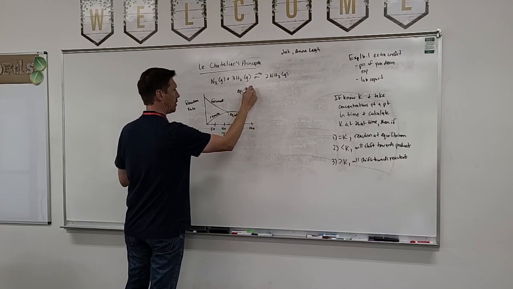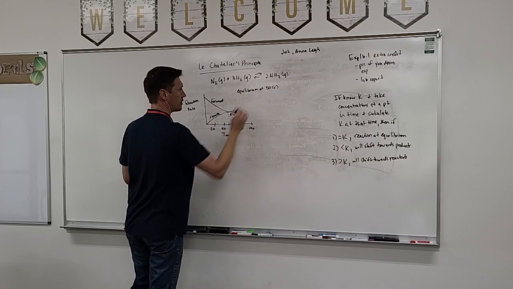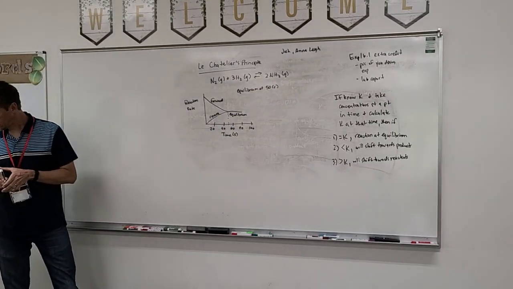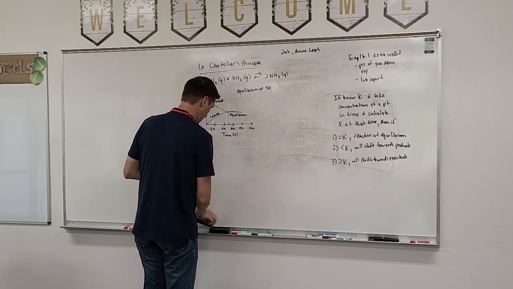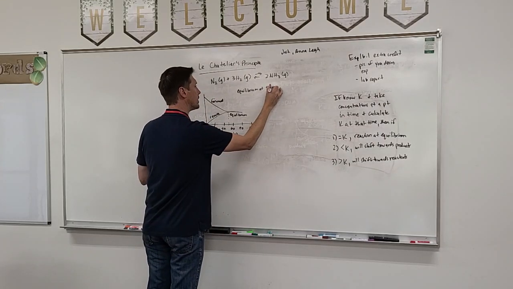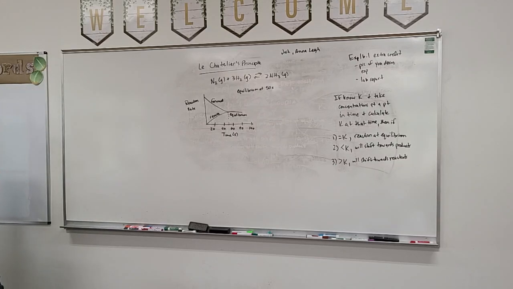Equilibrium at 50 seconds. I don't know why I wrote S in parentheses. I was just thinking, is it seconds or milliseconds? Okay. So at 50 seconds it reached equilibrium. All right?